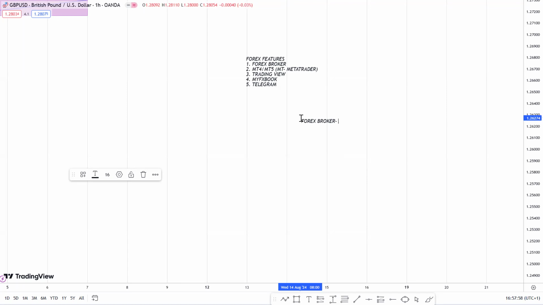So a forex broker is a financial service firm that offers its clients the ability to trade foreign currencies. Forex is short for foreign exchange, like I'm sure we both know.